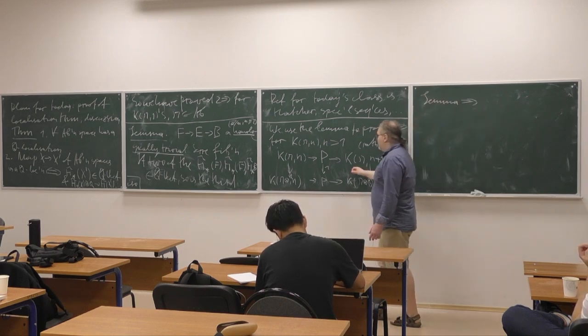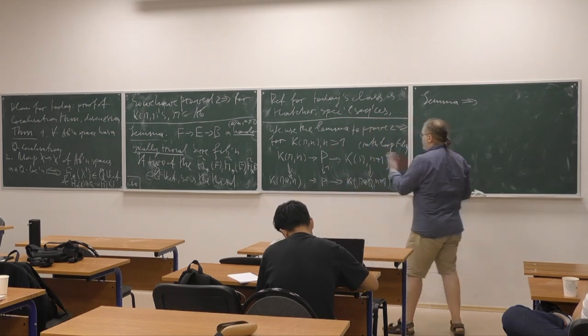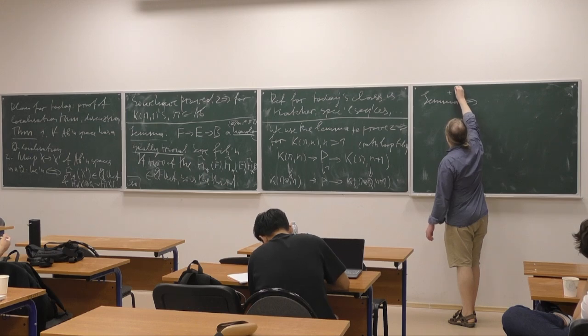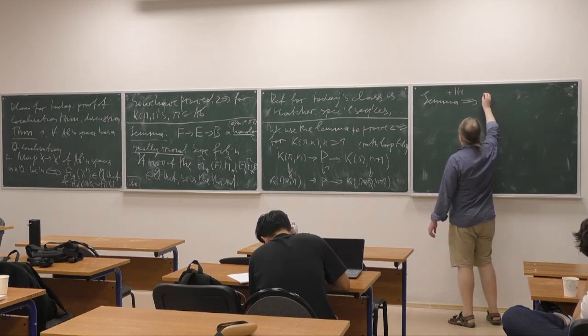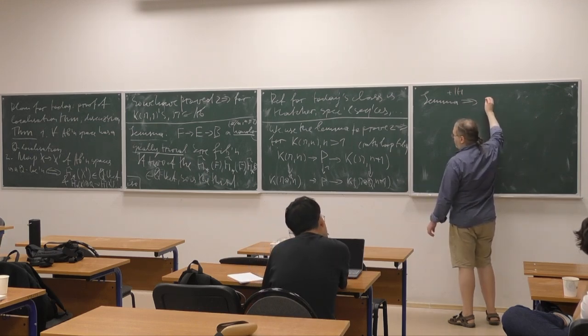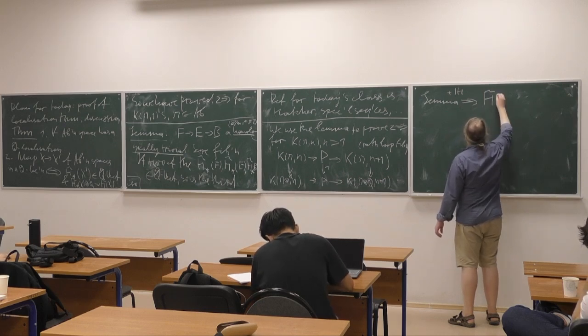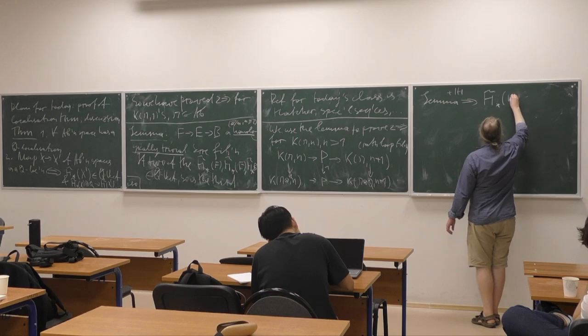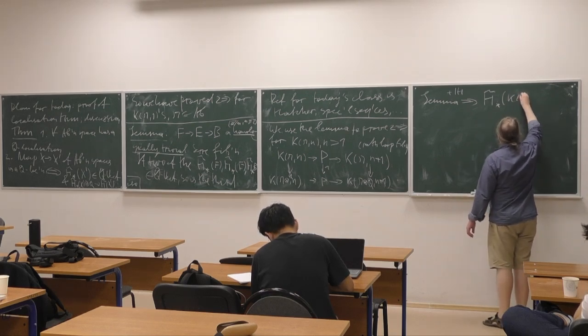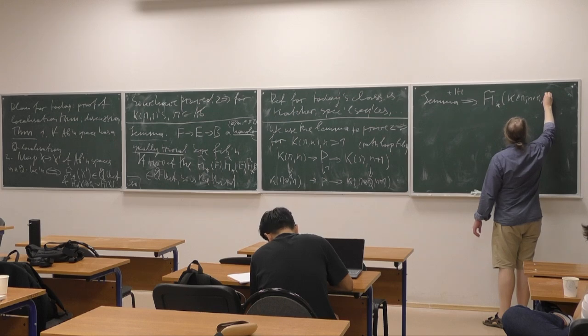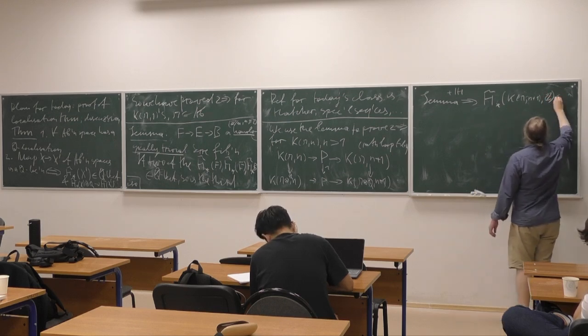Well, the first observation: from the lemma, we conclude by induction that the integral homology of K(π, n+1), Z, is in fact a Q vector space.